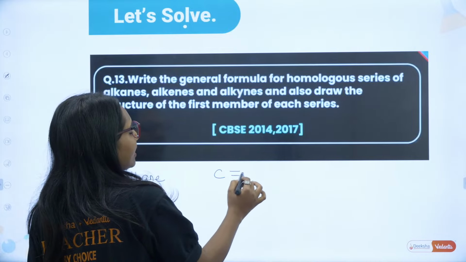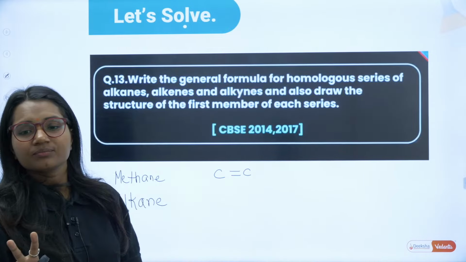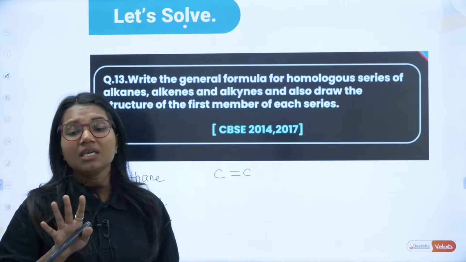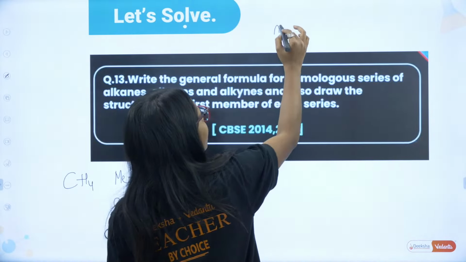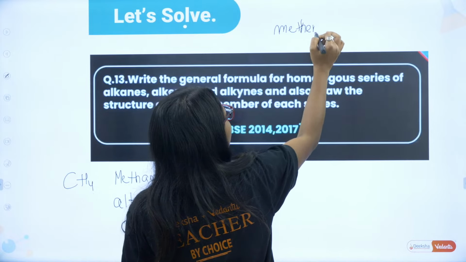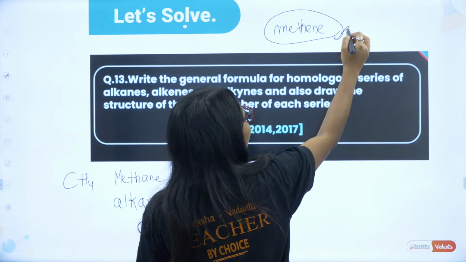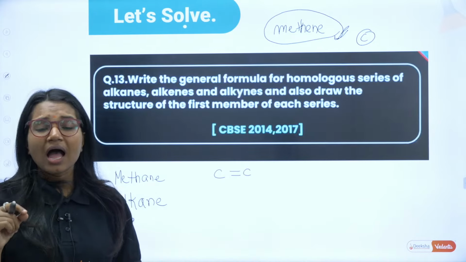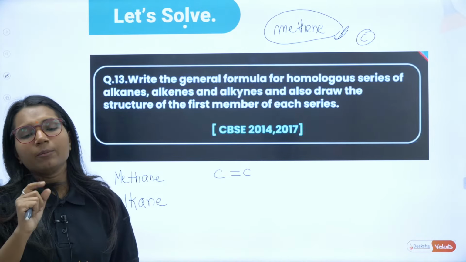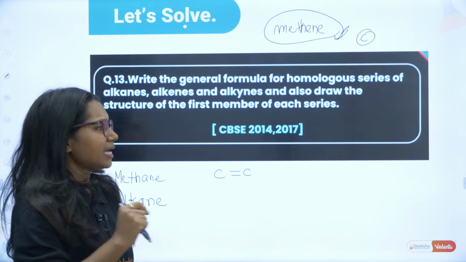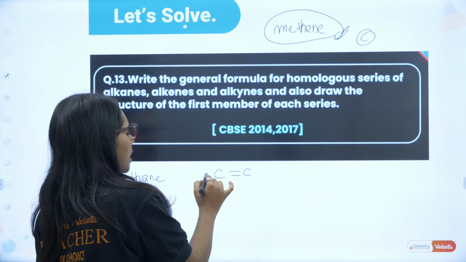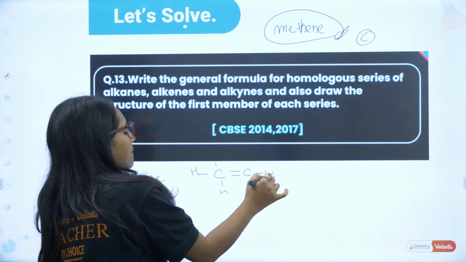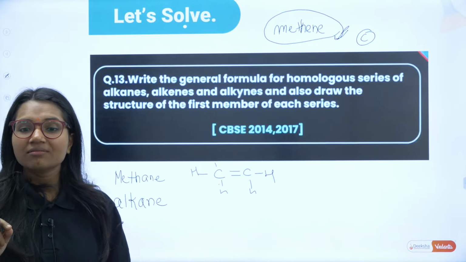What is the first member of alkene? For alkene we need at least 2 carbons. There is no compound called methene, because a double bond is not possible with 1 carbon. For a compound to have a double bond, there should be 2 carbons. So this is the first alkene. What is the name of this compound?